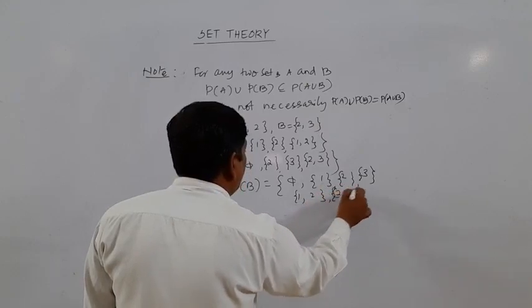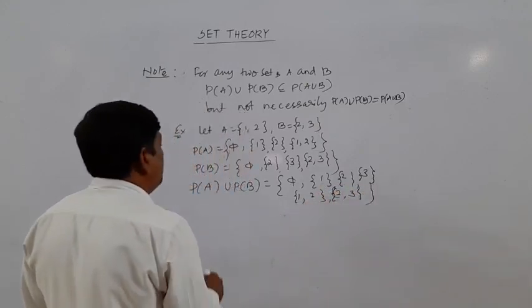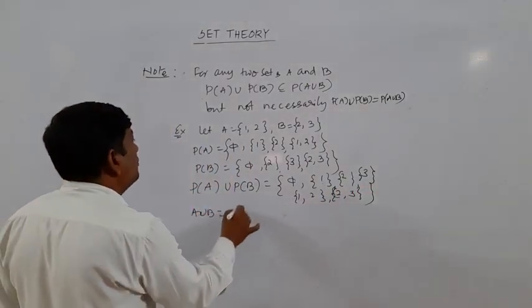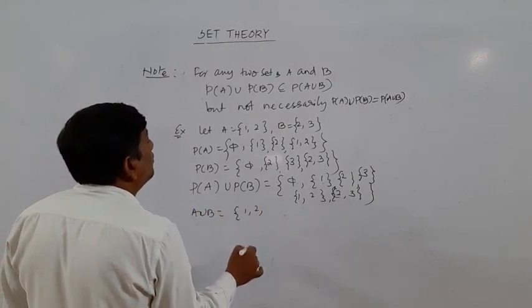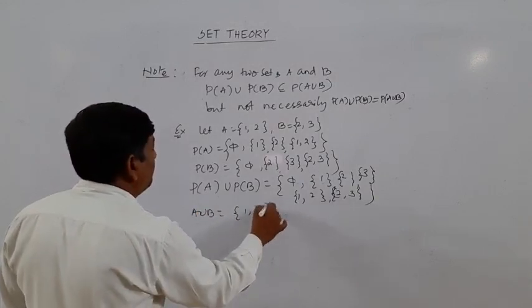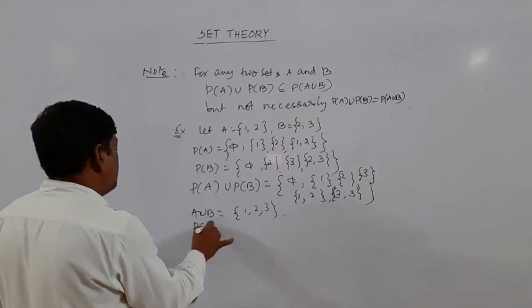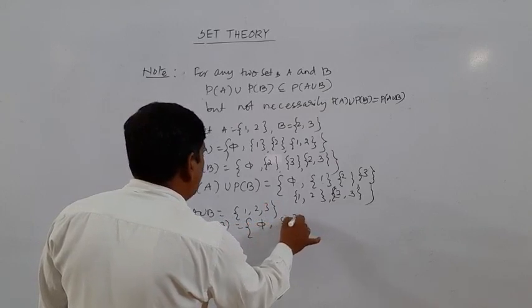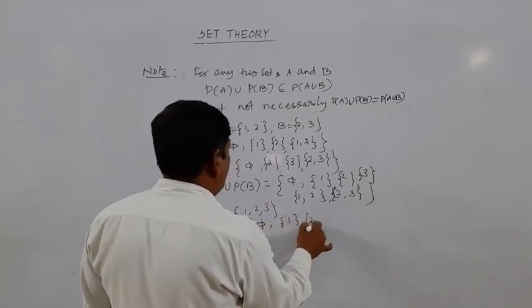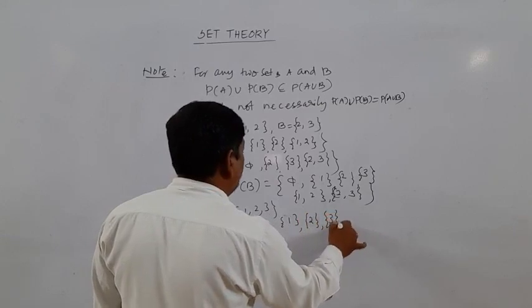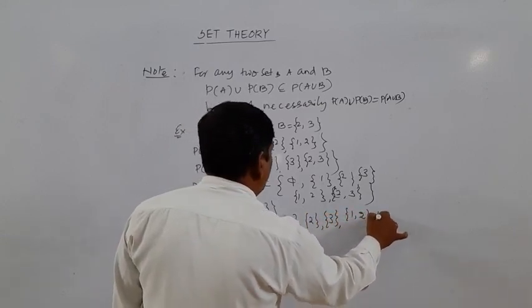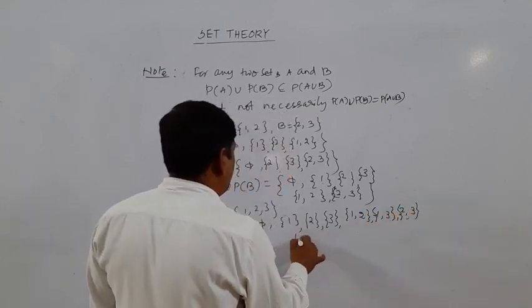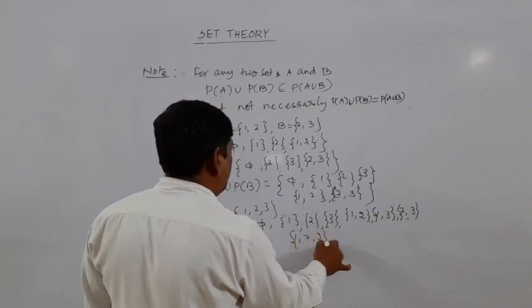Now A union B is equal to {1, 2, 3}. P of A union B is equal to what? {∅, {1}, {2}, {3}, {1, 2}, {1, 3}, {2, 3}, {1, 2, 3}}.